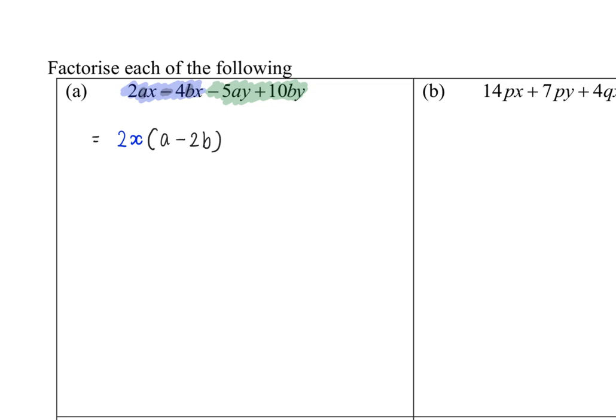I've taken out 2 as one of the common factors. I'm left with 2. As for the other group, the green color group, I am going to take out negative 5. And I also saw that y is a common factor. Once I extract negative 5y out, I would simply be left with a.